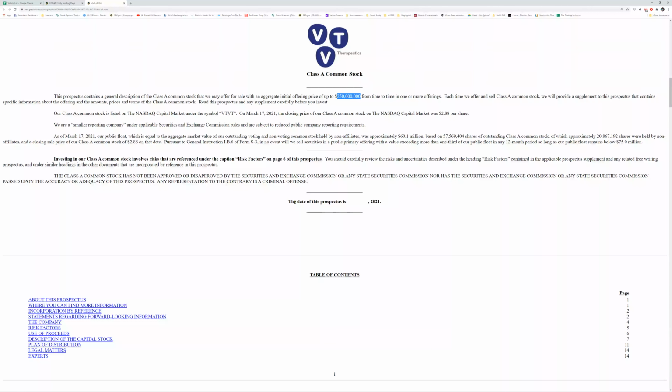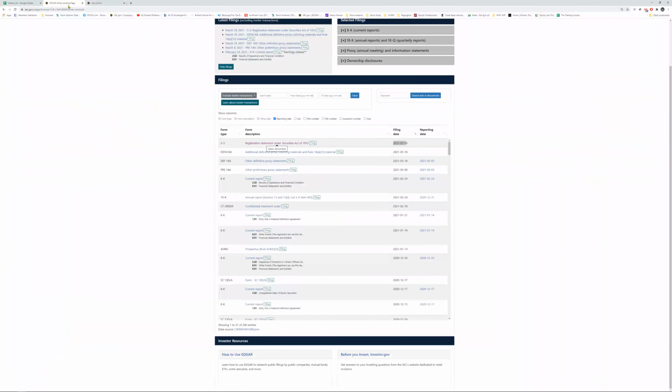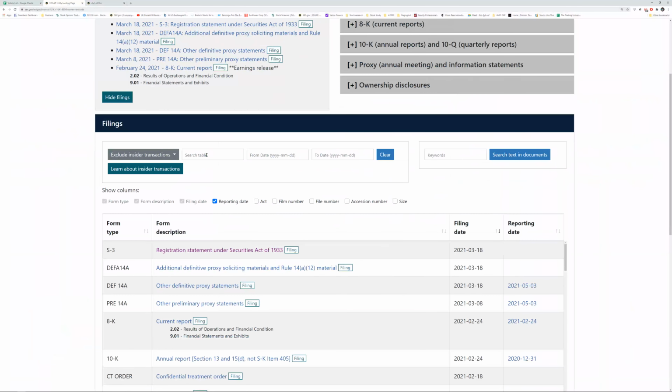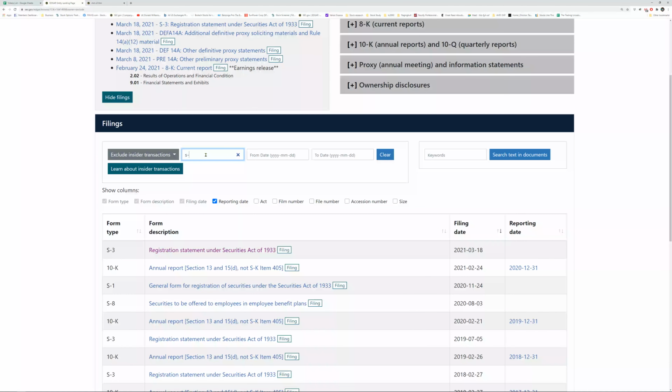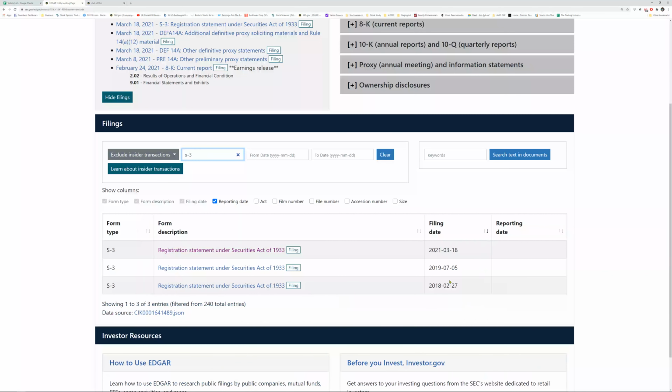Now, one thing that you can look at on here is, do you see the previous S3? So this one was filed 2019, right? Remember, they last for 3 years, but this one was done in 2018.